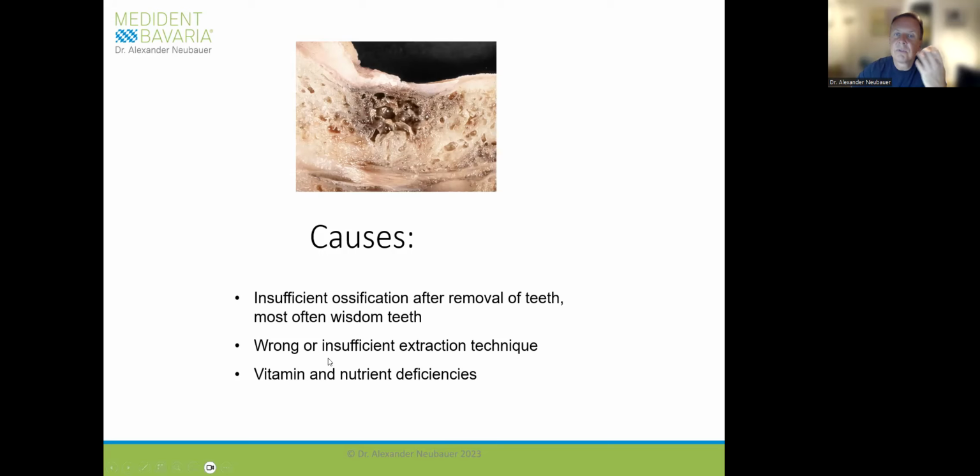So the body, for example, did not have enough vitamin D3 or other nutrients to grow and build new healthy bone.